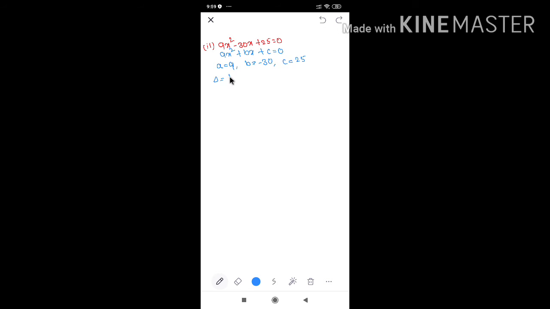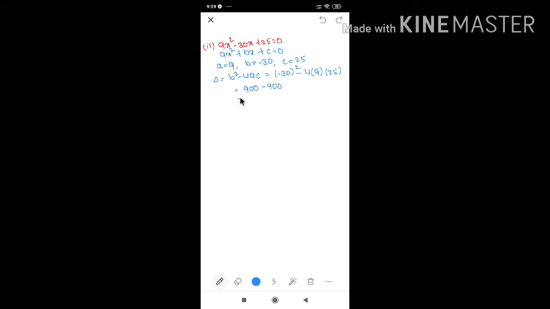Delta is equal to b² − 4ac, that is (−30)² − 4 × 9 × 25. 30 square is 900, 25 fours are 100, 100 into 9 is 900.